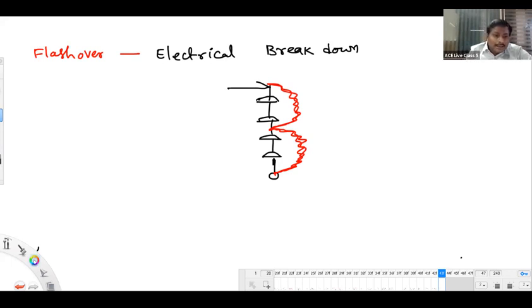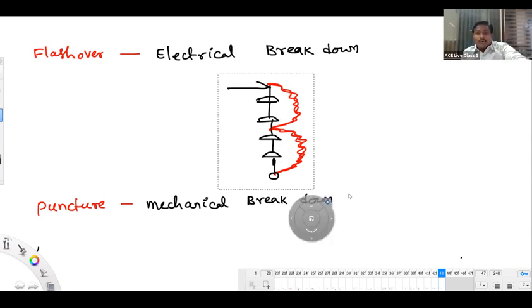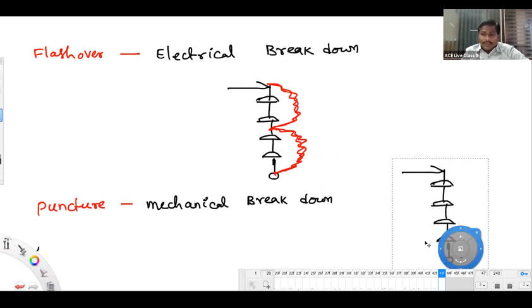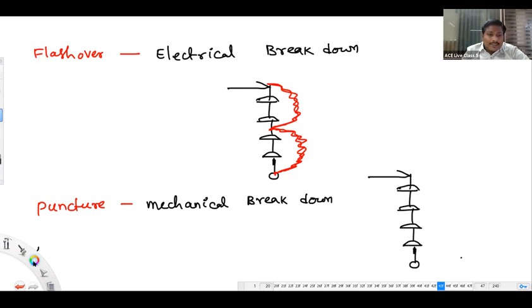There is another term called puncture. Puncture is nothing but mechanical breakdown. It means if the over voltage is very severe, then the arc will pass through the insulator, breaking it. The insulator will be broken and the arc passes through the insulator body.